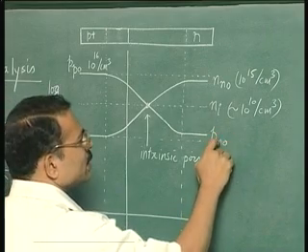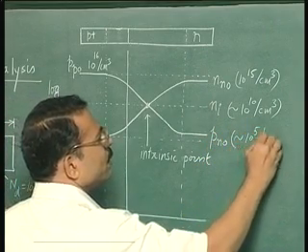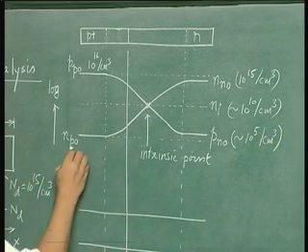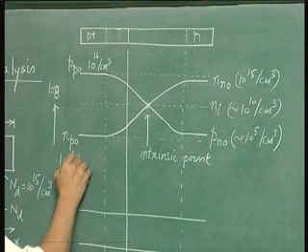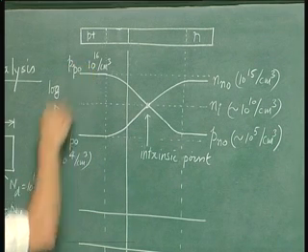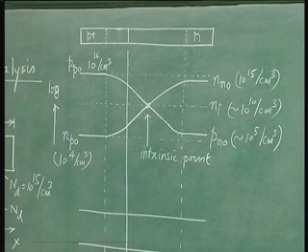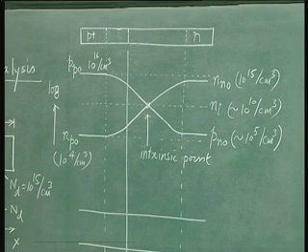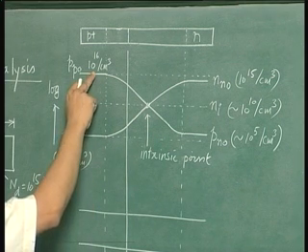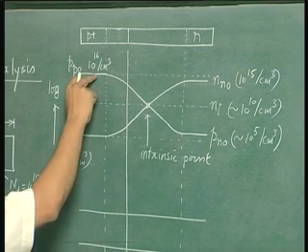So that being the case, this Pn0 will be of the order of 10 power 5 per centimeter cube, and this Np0 will be of the order of 10 power 4 per centimeter cube, because 10 power 4 into 10 power 16 is 10 power 20, which is square of 10 power 10. So you see that from 10 power 4 to 10 power 16, that is a 10 power 12 variation, 12 orders of magnitude from this point to this point.